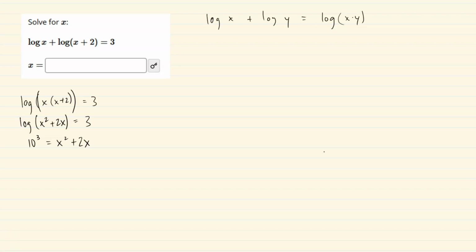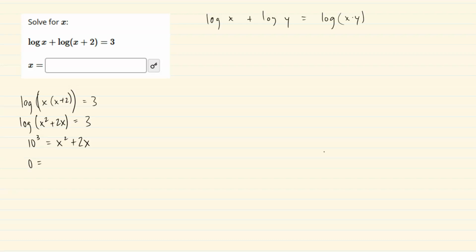Now at this point it becomes somewhat straightforward solving a quadratic equation. We will be using the quadratic formula, but let's put it in the standard form. 10 to the third power is 1,000.